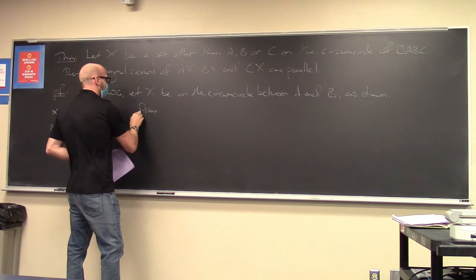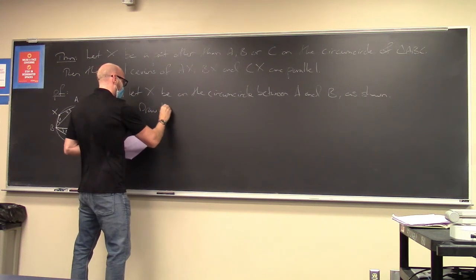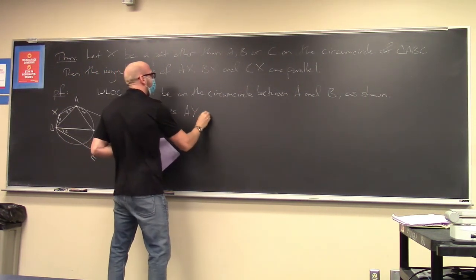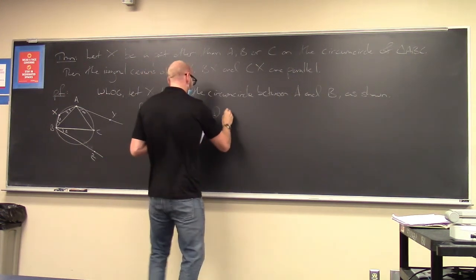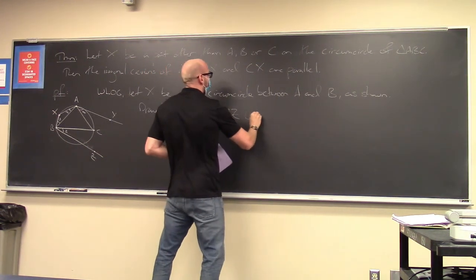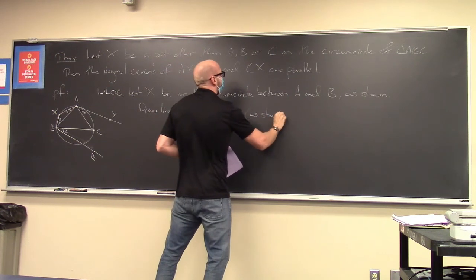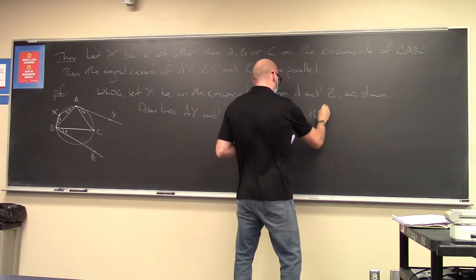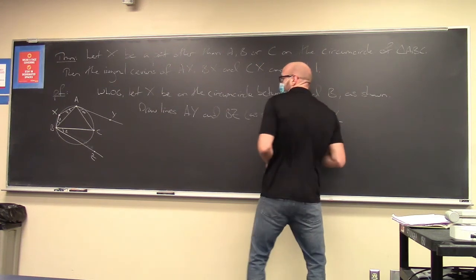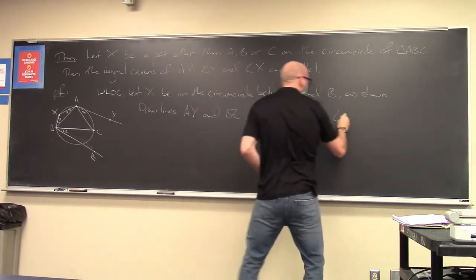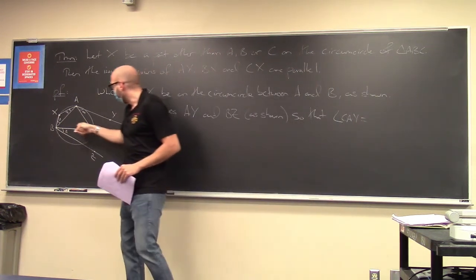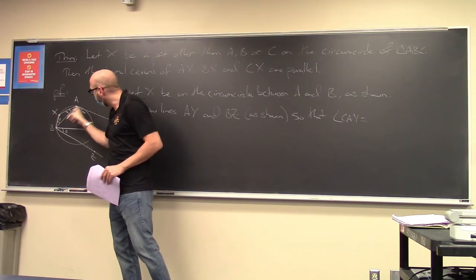All right, so there's step 2. Draw lines AY and BZ as shown so that angle CAY is the same as angle XAB.